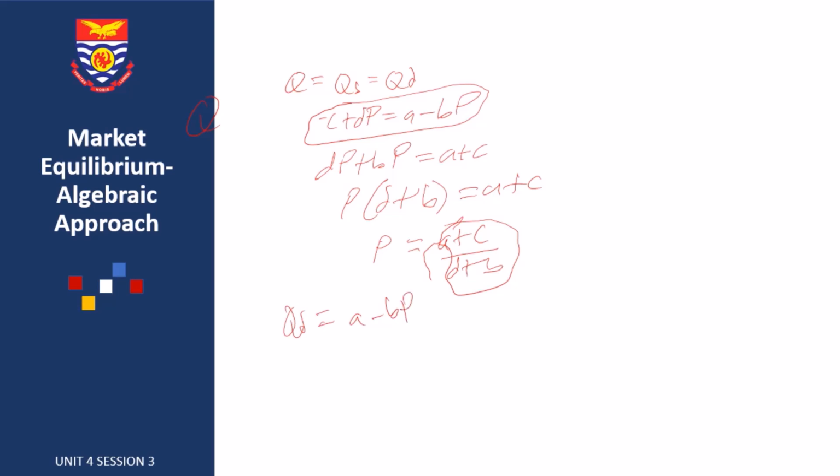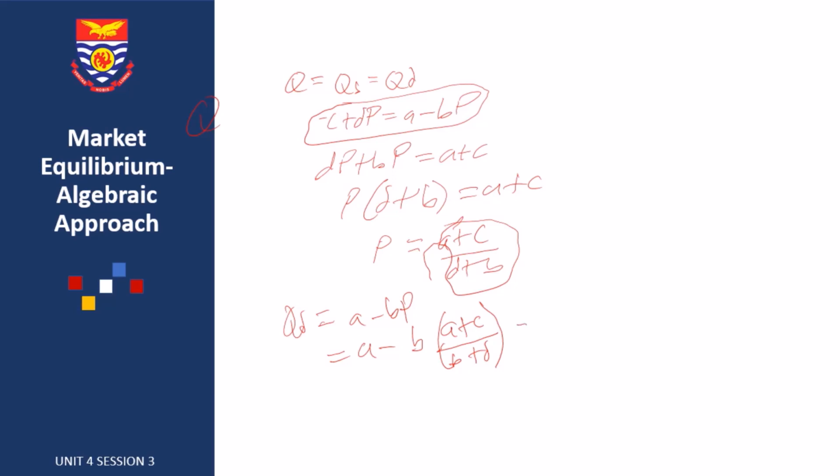So I'll put P as A plus C over B plus D, or D plus B. So here I'm going to have Q equals A minus B, bracket open, A plus C over B plus D. It's either D plus B or B plus D. Addition is commutative. Okay. So I can go on and factorize this.